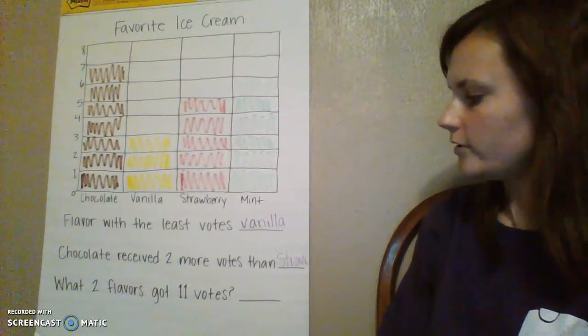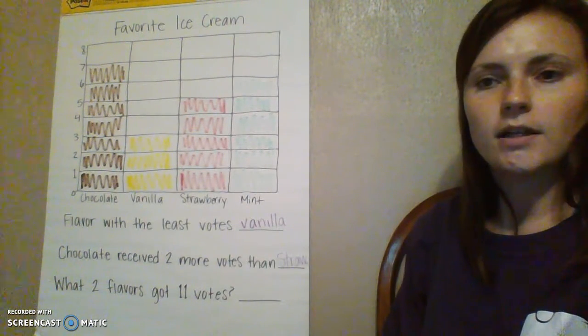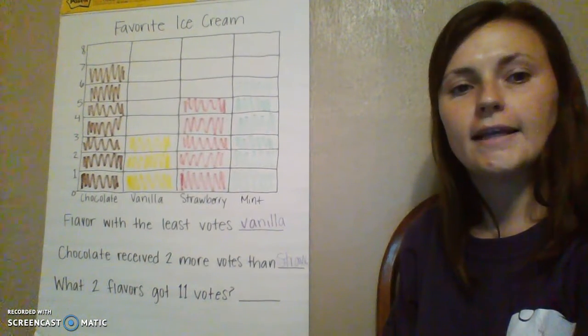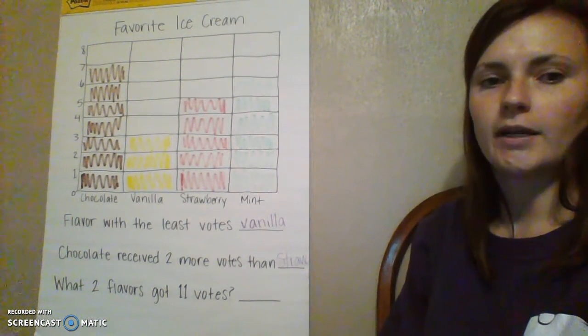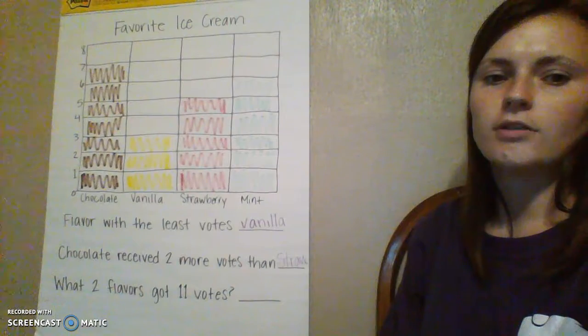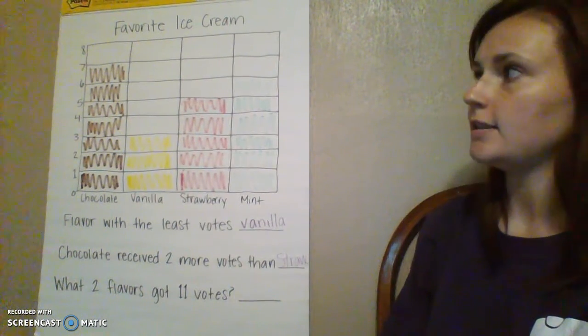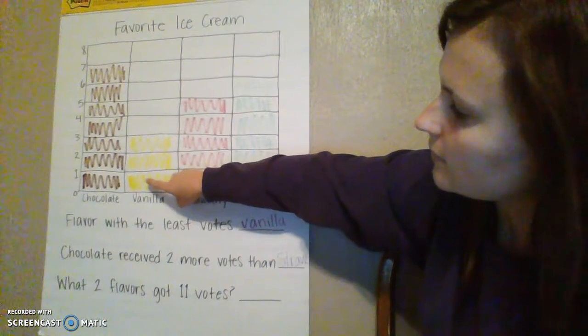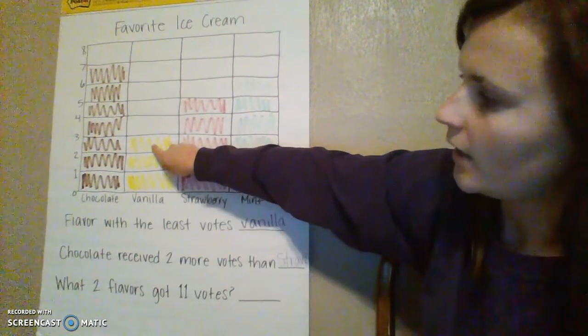And number 3, what 2 flavors received 11 votes? So I'm going to have to kind of guess and then check my answers. So I'm going to guess that chocolate and vanilla got 11. And I need to count to make sure. So chocolate got 7 plus 3 is 8, 9, 10.